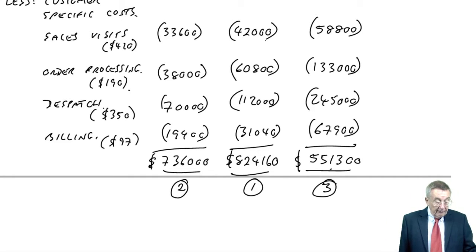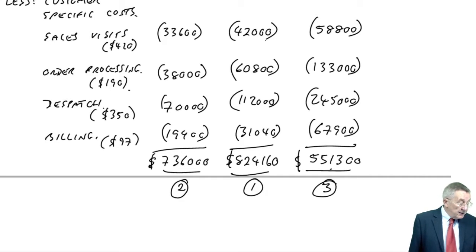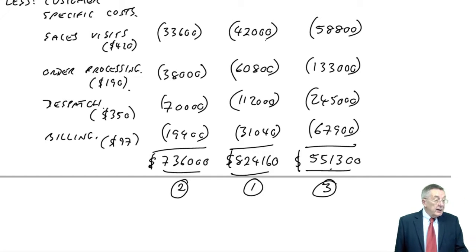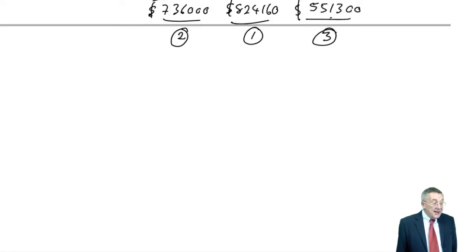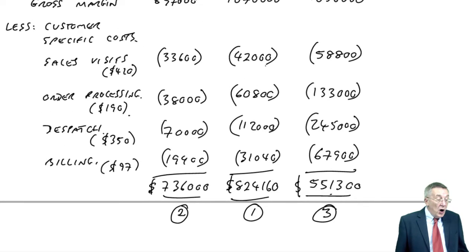So that one was just ranking them, but in a very similar sort of way, we can come up with a customer profitability statement and see what is the amount we're earning per customer.